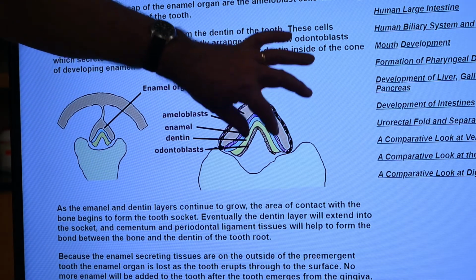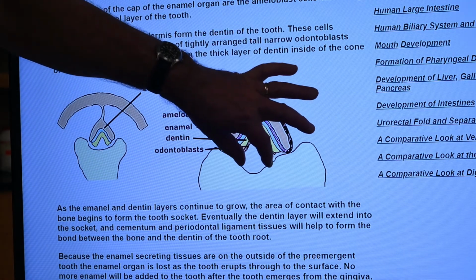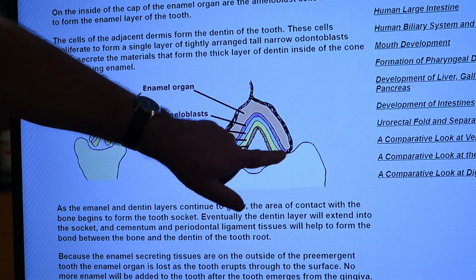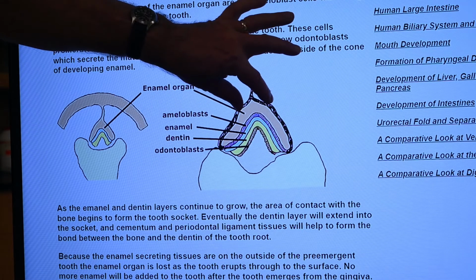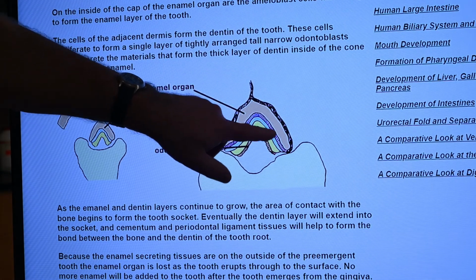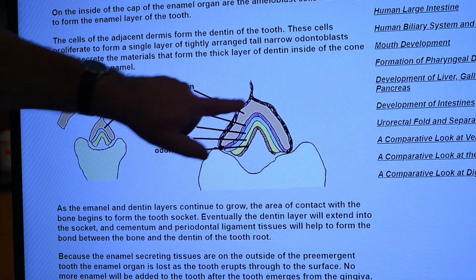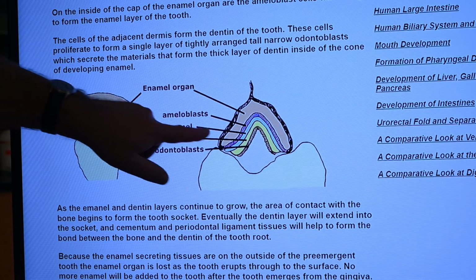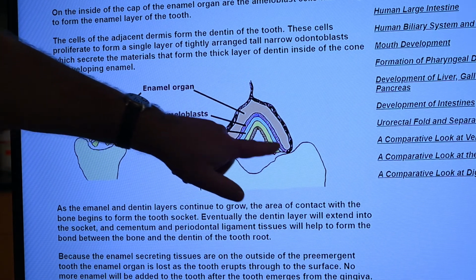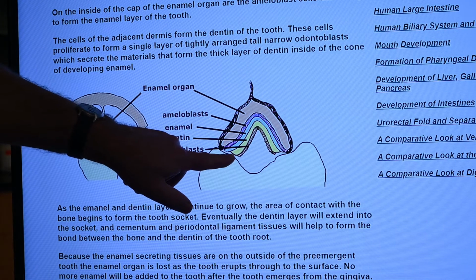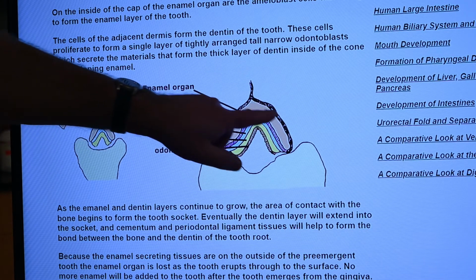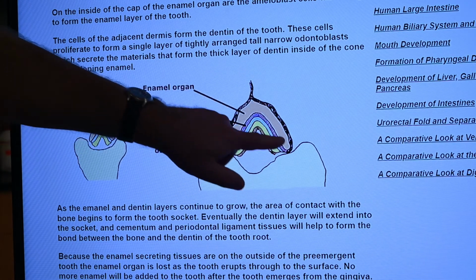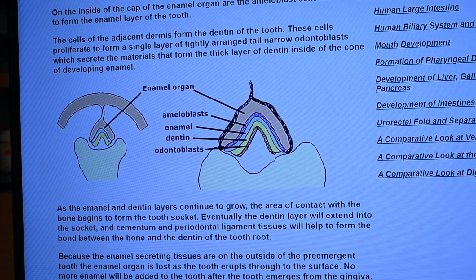Eventually, those odontoblasts will continue on down here into the root of the tooth, and the bone will grow up, and the tooth will be pushed up as it develops, and this entire enamel organ will be lost along with the ameloblast cells, so that all the enamel covered portion of the tooth, the upper part of the tooth there, all that will be lost, and enamel will be the only thing left on the outside in the final analysis.